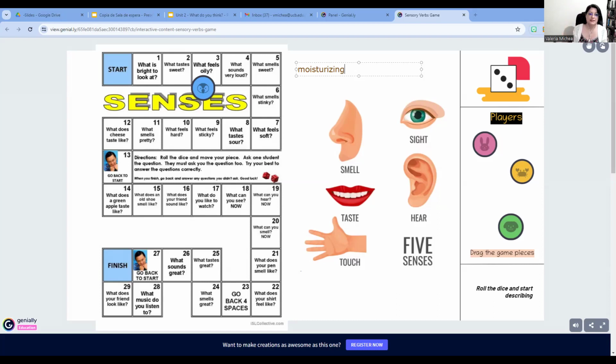Imagine what feels oily or what sounds very loud, what smells sweet. That's also a kind of challenging one. So the idea is to try to describe things. And this is a challenge for those of us who are not good at describing. For example, myself, I'm not good at describing things, and it's very hard for me, even in Spanish.